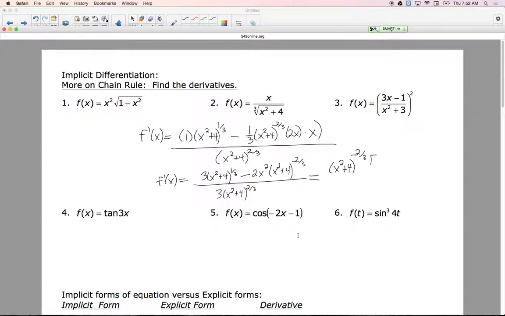Then we're going to be left with, if I take this now, divided by this, what are you going to get? 3 times x squared plus 4 to the first power. Now how did I get first power? Since I'm taking what I circled and dividing it by what I'm factoring out, the 3 doesn't cancel, and when you go x squared plus 4 to the 1/3 divided by x squared plus 4 to the negative 2/3, you're subtracting the exponents.